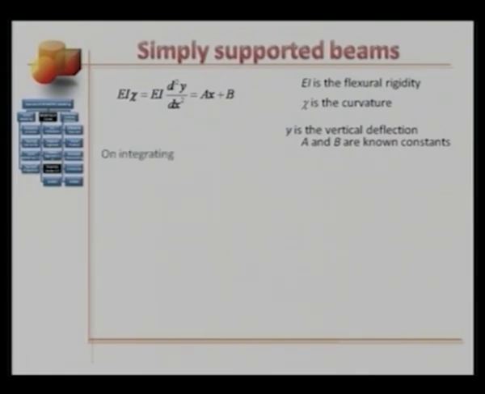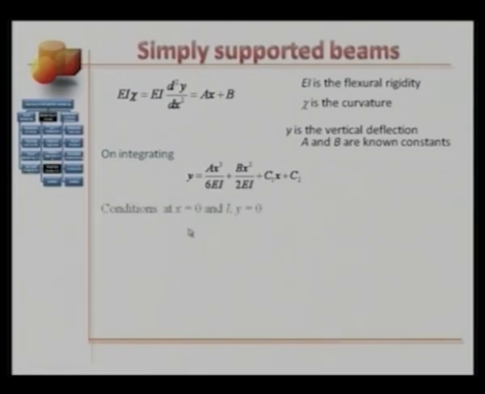If we integrate this relation twice, we'll have y equals a times x cubed over 6EI plus b times x squared over 2EI plus c1x plus c2. c1 and c2 are unknown constants which you can compute using boundary conditions.